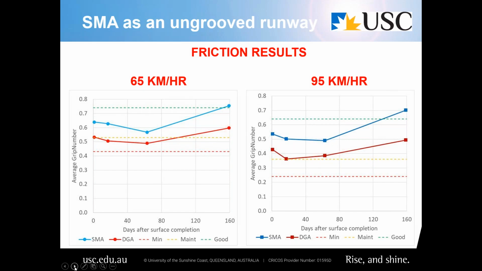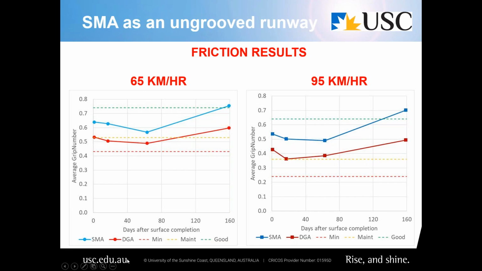I've also separately analysed how much the friction increases when you groove a dense graded runway, and it goes up by about 10 to 15%. So I've added 10 to 15% to the dense graded numbers, and they're still not as high as the stone mastic numbers.